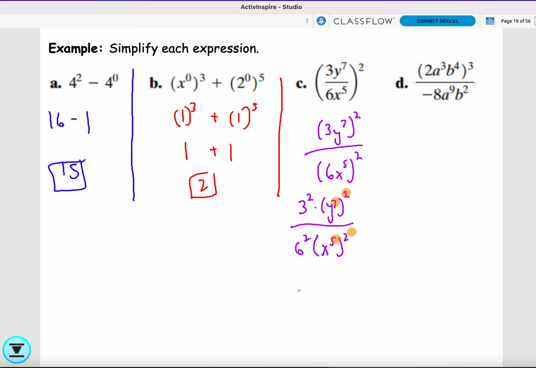So 3 squared is just 9. And then 7 times 2 is 14. 6 squared is 36. We get x to the 10, 5 times 2. This simplifies. 9 over 36 is just 1/4. So then we get y to the 14th over 4x to the 10th. And we're done here, because 9/36 reduces to 1/4.